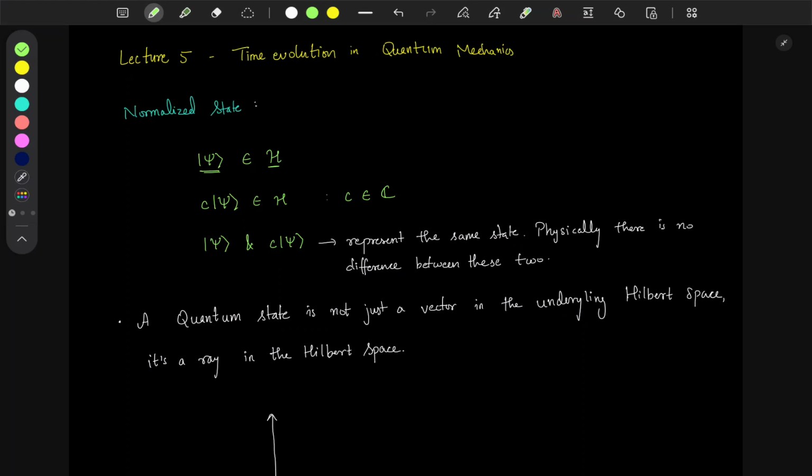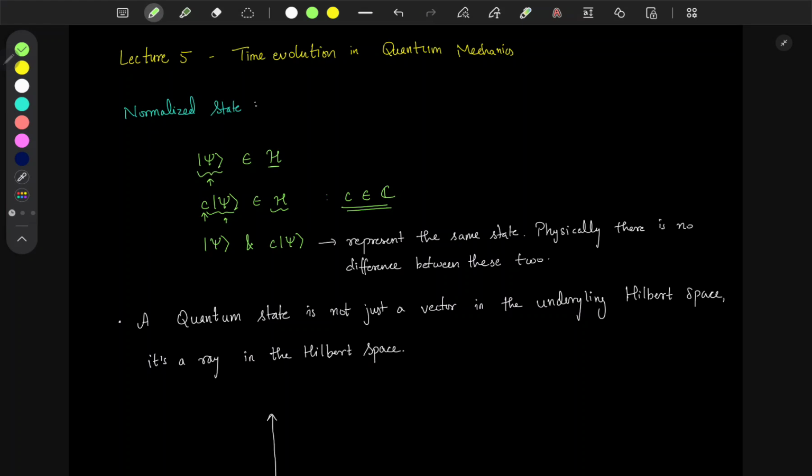Now if you multiply this ket vector psi with a number c, where c is a complex number, generally we deal with complex numbers in quantum mechanics, as I've said multiple times, then this will also become another vector which belongs to the same Hilbert space H. Now what is the physical difference between this psi and c psi?